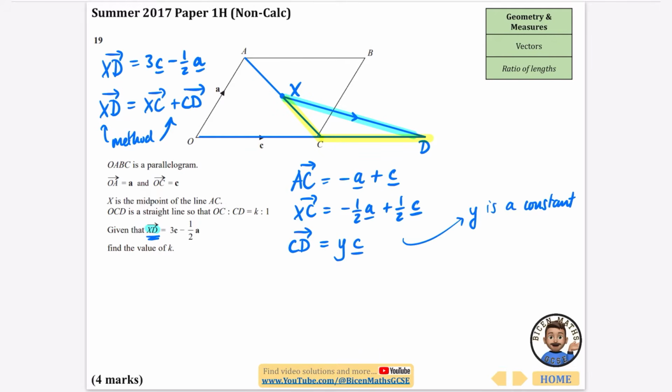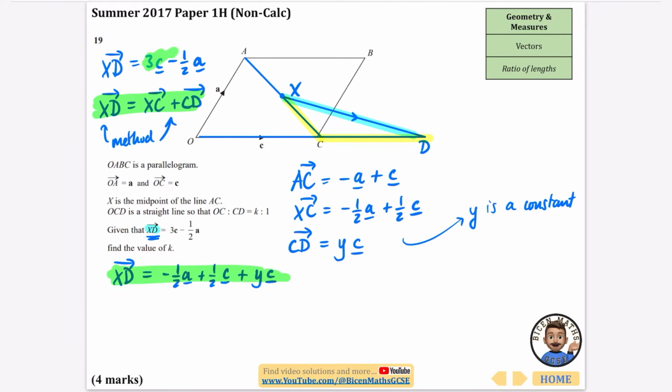So we know that XD is the thing I'm looking for. We know that it is XC, which is minus a half A plus a half C, and plus CD, which is plus YC. So this that I have used here is now being used down here.